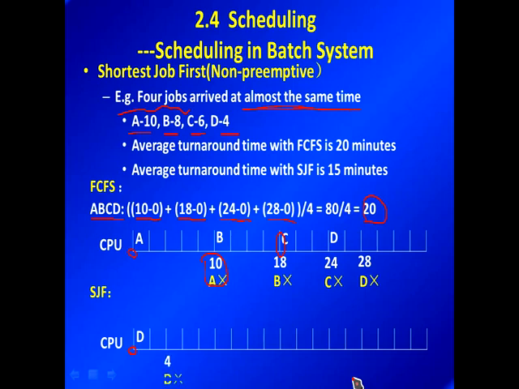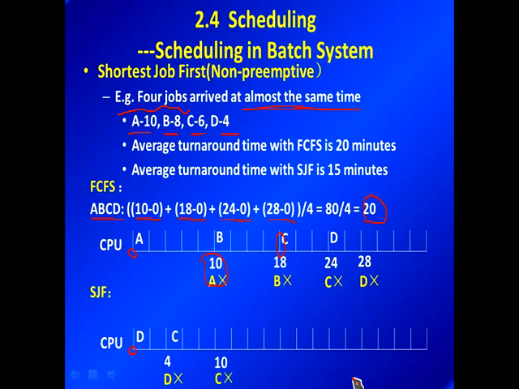And D needs 4 minutes to finish its job, so at time 4, D just exits, and then the next shortest job is C, right? And C needs 6 minutes, so 4 plus 6 is equal to 10, right?